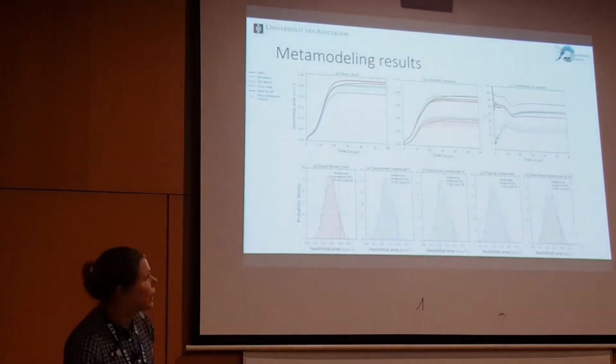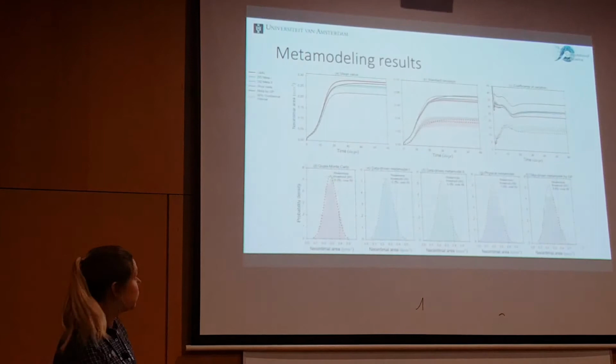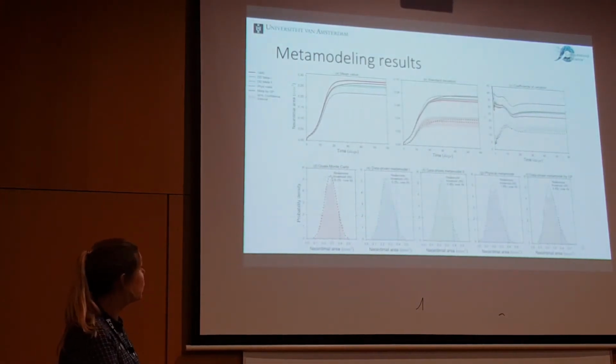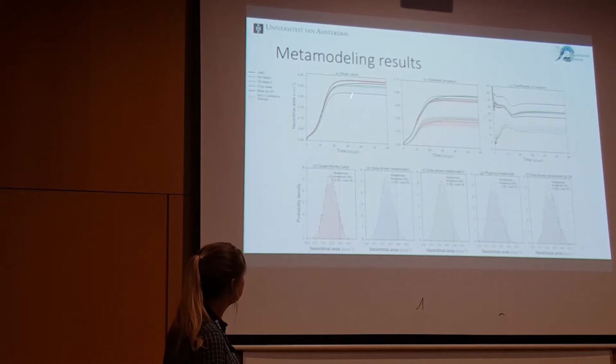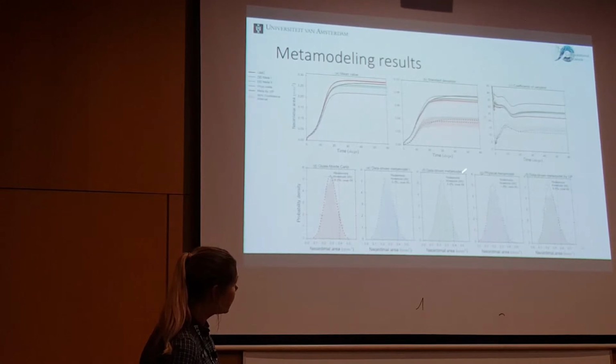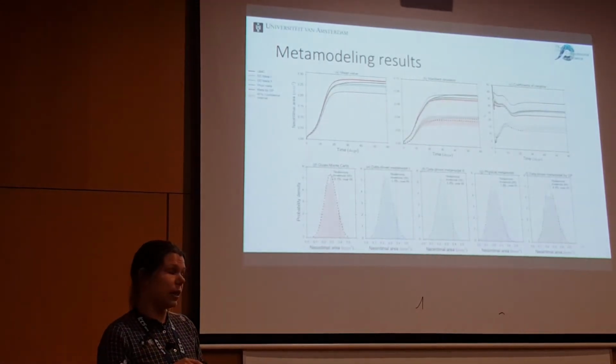So basically, we are trying to reproduce this quasi-Monte Carlo result by our semi-intrusive method. And what we see is, the red line is the quasi-Monte Carlo result, and the violet line, this violet probability density function, is the physical metamodel results.